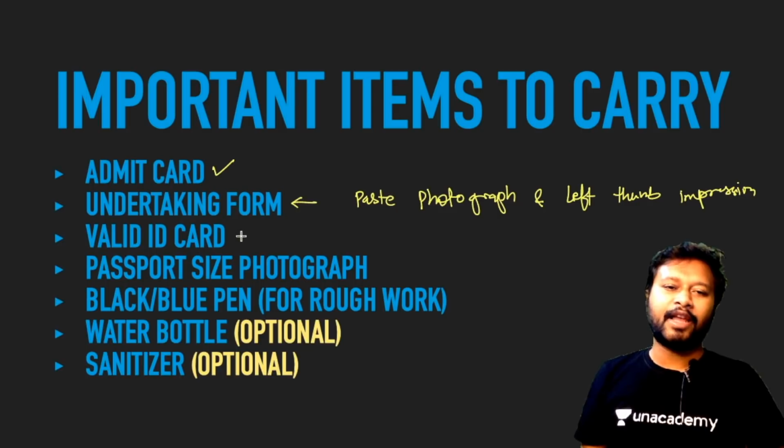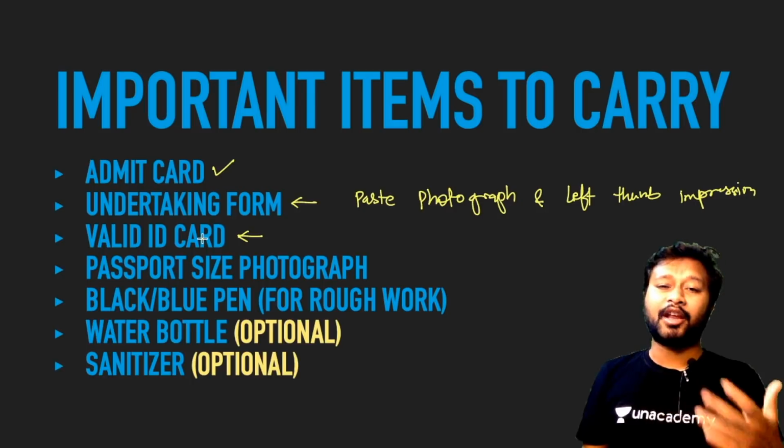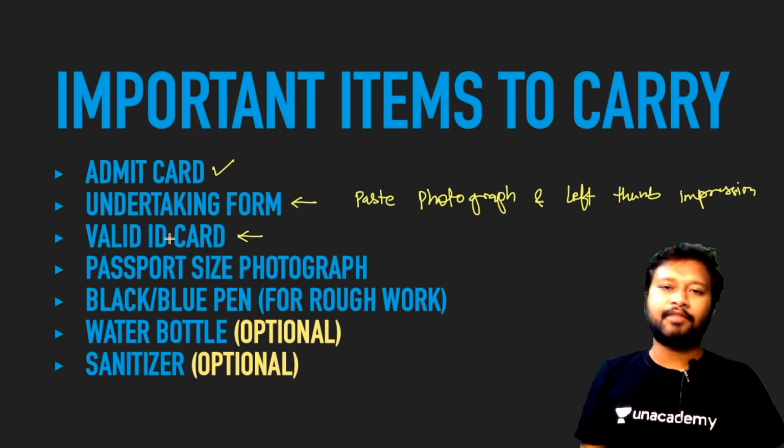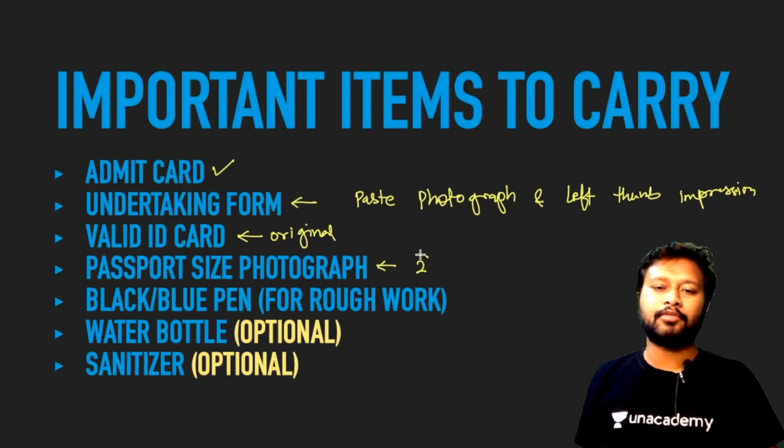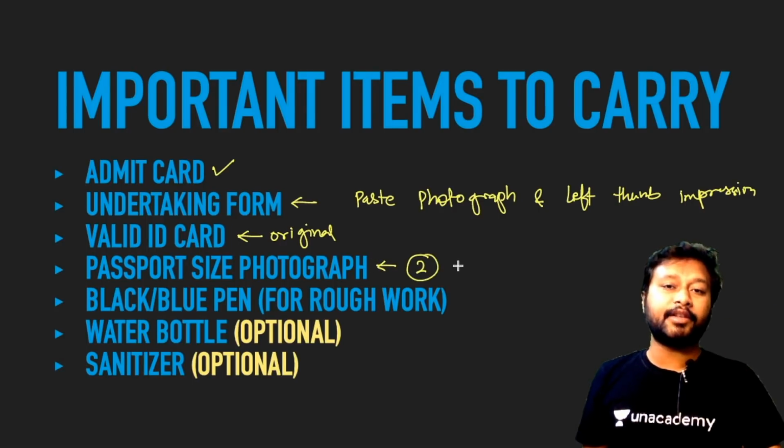Okay, next is your valid ID proof. Your ID card should be there, be it Aadhaar card, PAN card, or driving license. Anything which is a valid ID proof, keep it along with you. Original. This has to be original. Along with that, you have to keep at least 2 passport size photographs, because you also have to paste one in the attendance sheet over there.